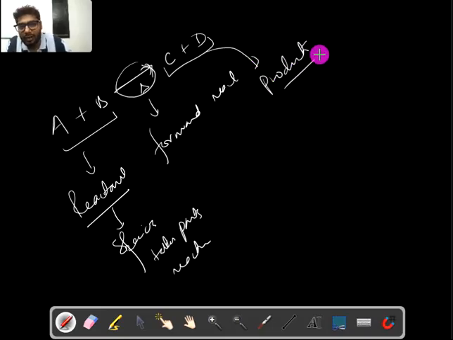We have all discussed what a reactant is and what a product is. Reactants are the species which combine together to form a new product with new properties. And products are the substances or compounds which are formed when the reactants react together. This is the main definition of product and reactant, and this is how reactions are carried out. Suppose there's an arrow I am writing here.